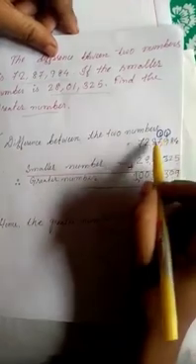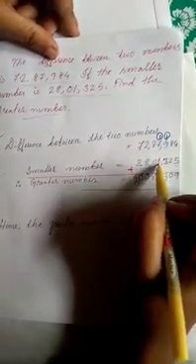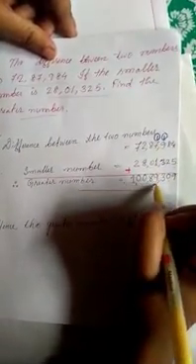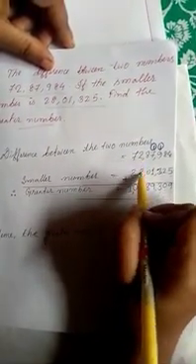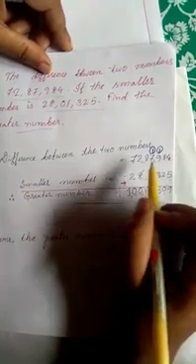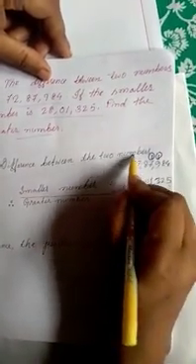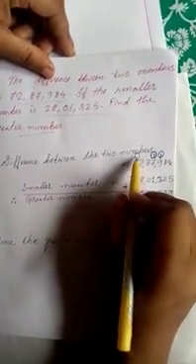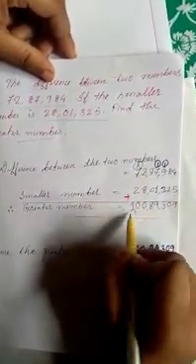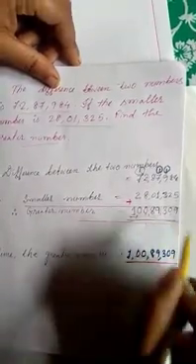From 13, 3 we write and 1 will carry. 7 plus 1 is 8, and 1 is 9, so 9 we will write here. 8 plus 0 is 8, and 8, 2 plus 8 is 10, from 10, 0 we will write and 1 will carry to the next place. So 7 plus 2 is 9, and 1 more we have to add, so you will get 10. So this is our result.